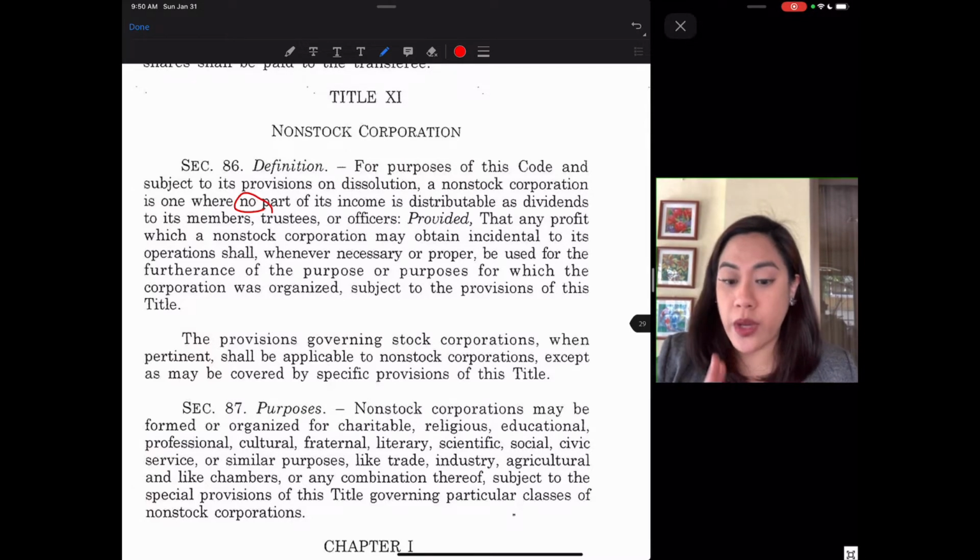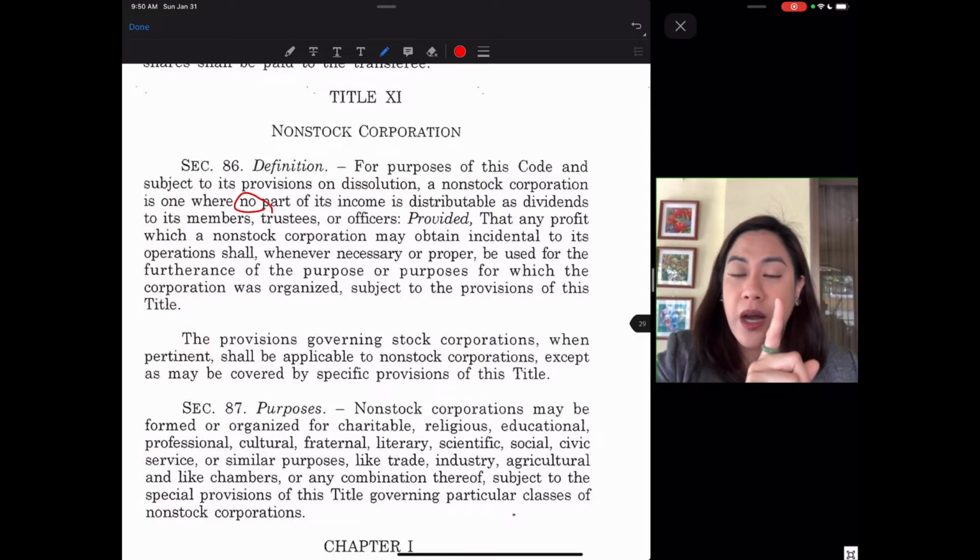In stock corporations, it's possible that one foreigner is just one amongst, say, 100 stockholders, but because that foreigner owns more than 40% ownership, then that corporation will be considered foreign-owned.